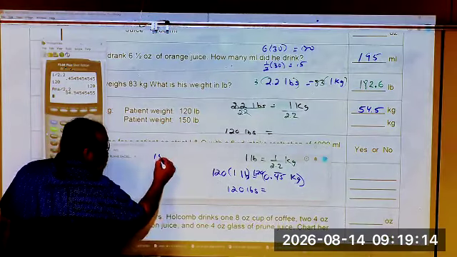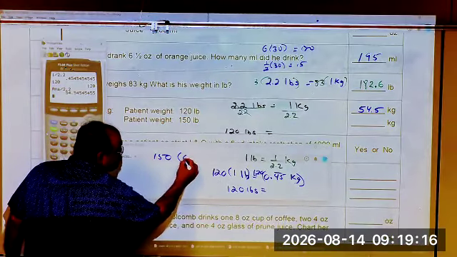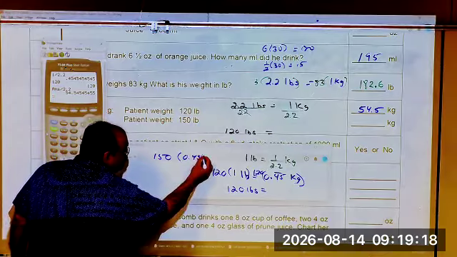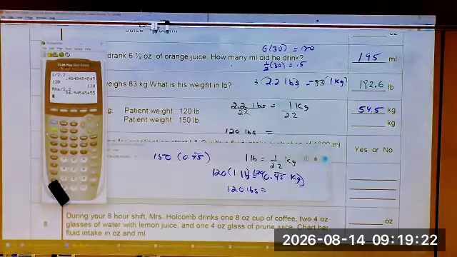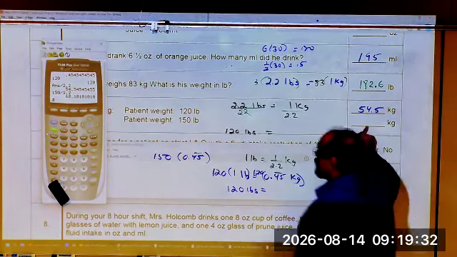This would be 150 times 0.4545, and this one comes out to 68.2.